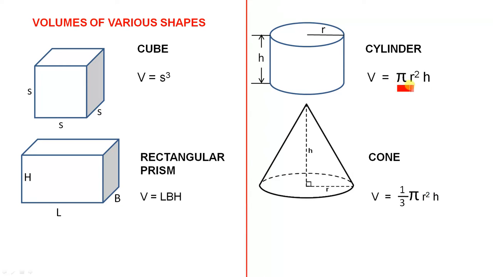It's basically the area of the circle times the height of the cylinder. For the cone, you need to be given the radius and the height, and the volume is a third pi r squared h. And remember, the answer is always in cubic units, depending on the units.